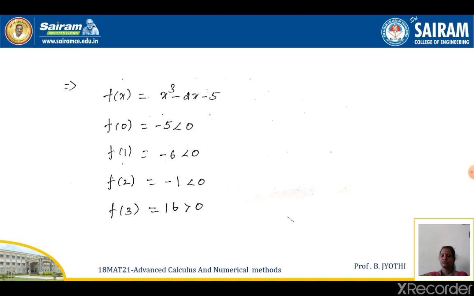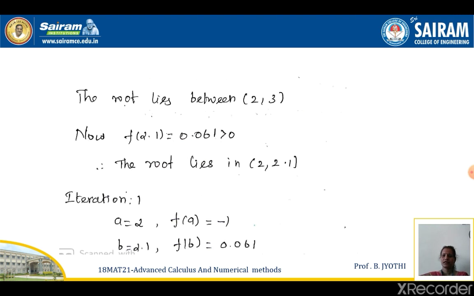So again by trial and error method, we will substitute the values of x as 0, 1, 2, 3, etc., till we get successive values, a negative and a positive, which we are getting for 2 and 3, because f(2) is negative and f(3) is positive. Hence the root lies between 2 and 3.